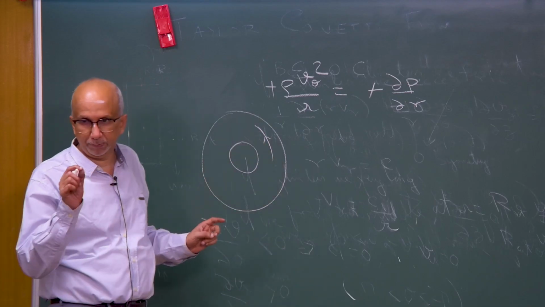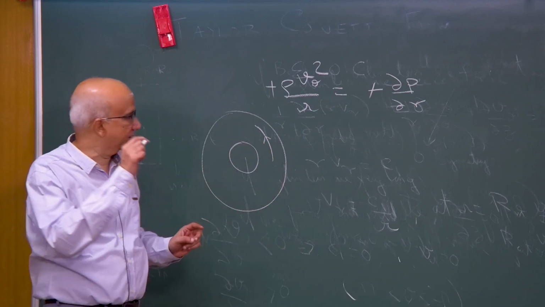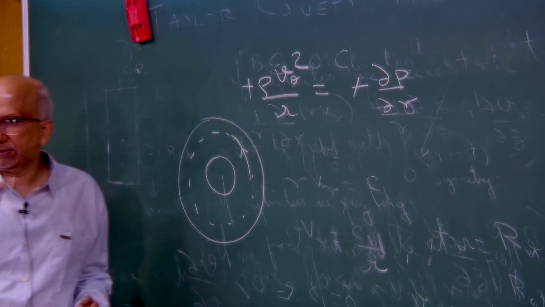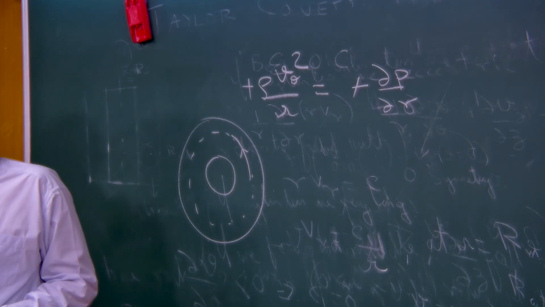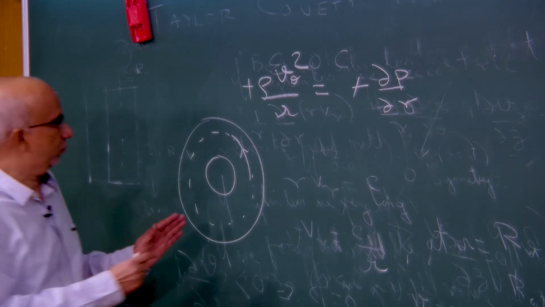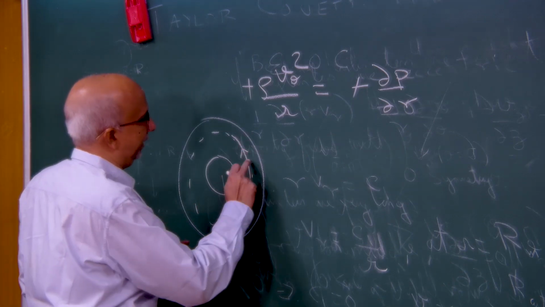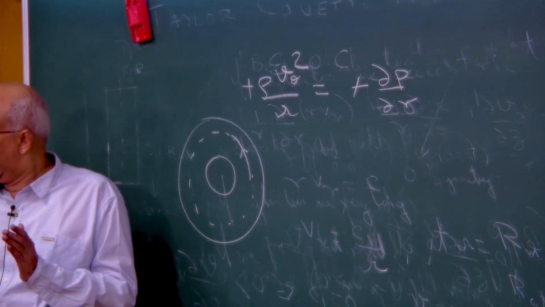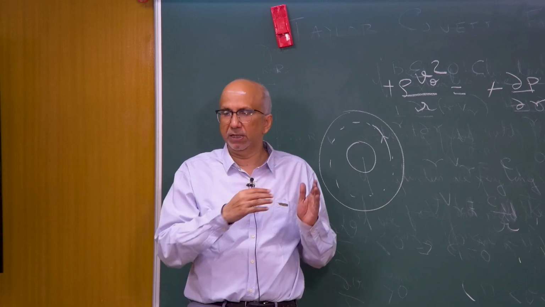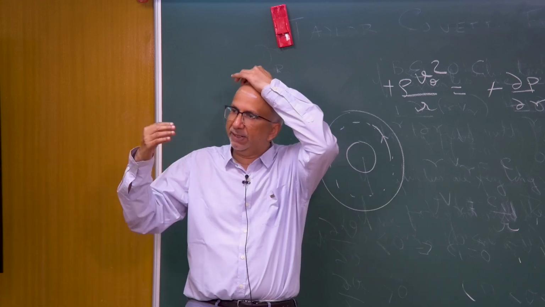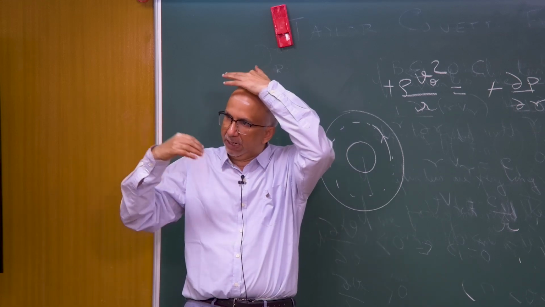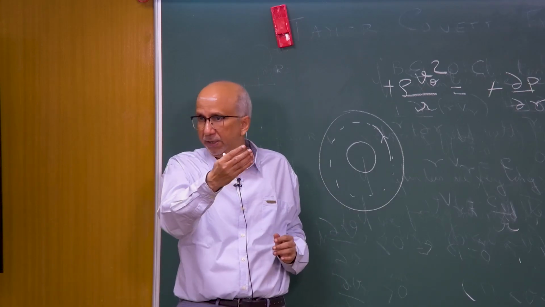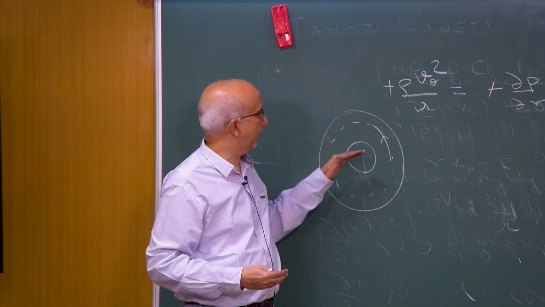At every point the particle is moving along a circle, right? This is the path taken by all the fluid elements. The pressure here is higher than the pressure here. That is what is keeping the particle moving along a circle. That is the force. The particles are experiencing a force directed towards the center because the pressure outside is much higher than the pressure inside. dP by dr is positive.